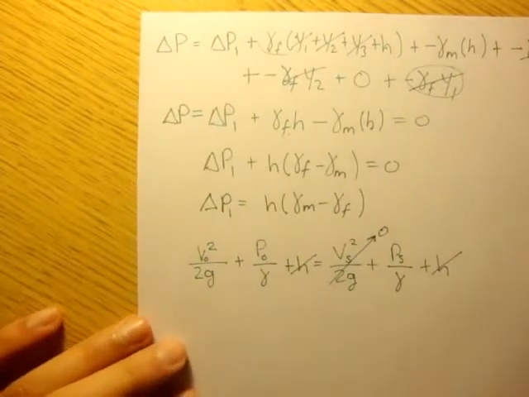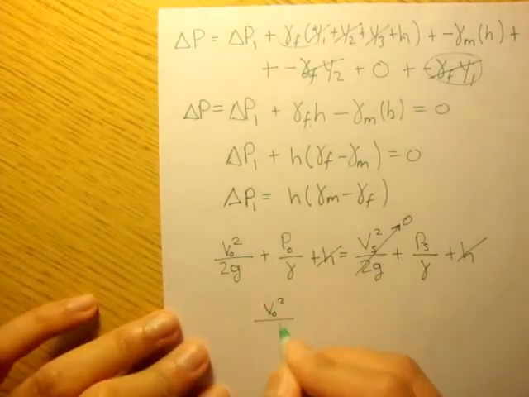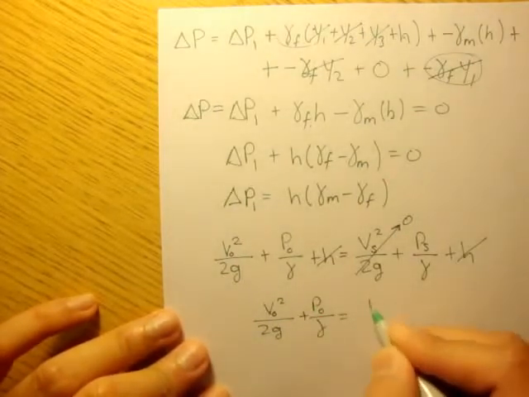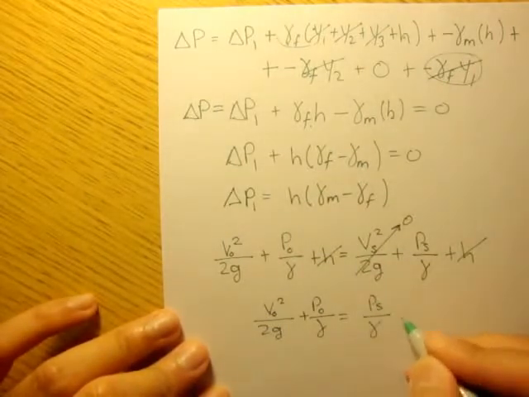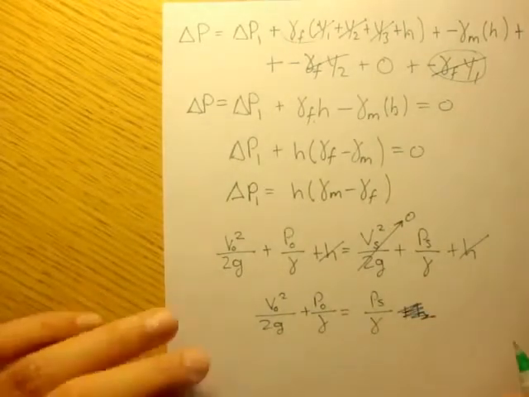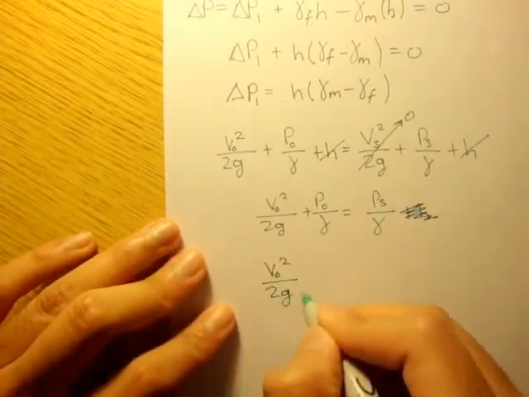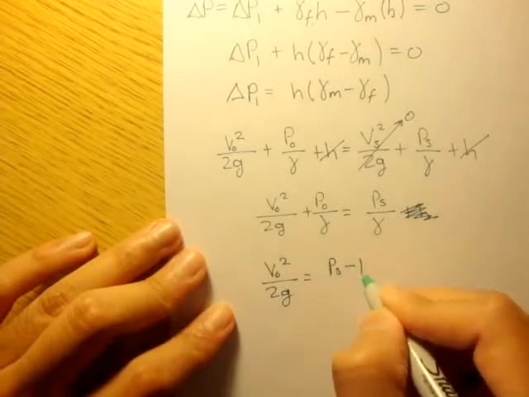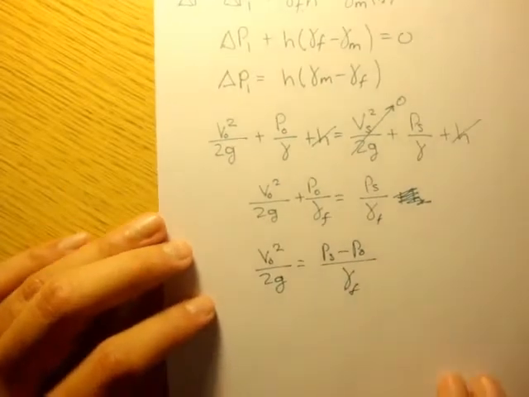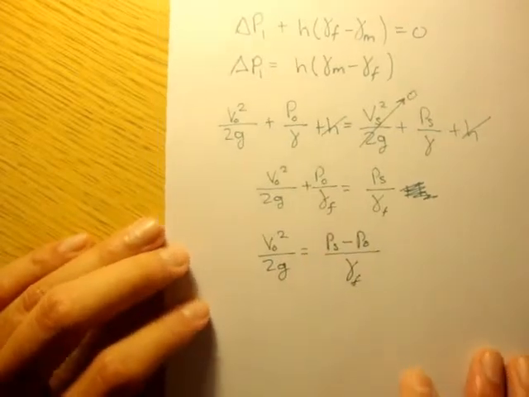So what we're left with is V naught squared over 2G plus the pressure at 0 over gamma is equal to the pressure at the stagnation point over gamma. If we bring this term over here, we can say V naught squared over 2G is equal to P of S minus P naught over gamma. Gamma of the fluid, the air. I just subtracted this term from this side and brought it over here. And this is what we get.